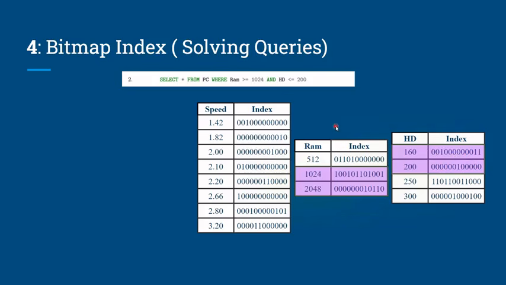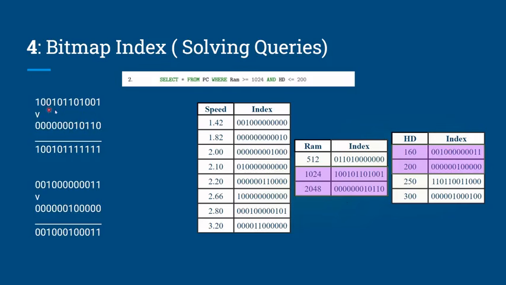So here we've got 100, 10, 1101 for the RAM, and here 001 zeros up to 11 for the HD. Those are ORed together, and those as well are ORed together.